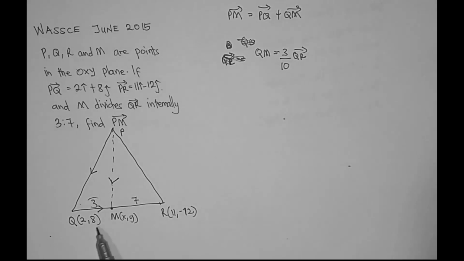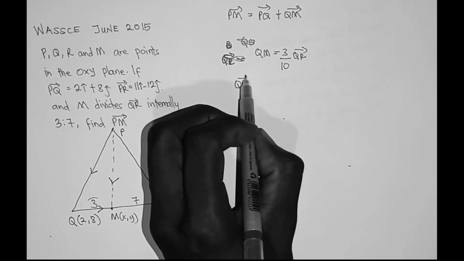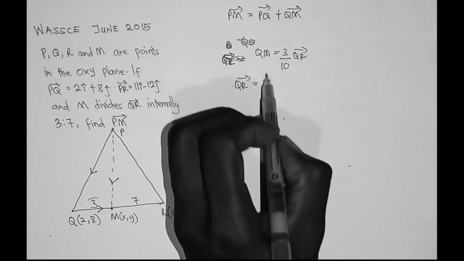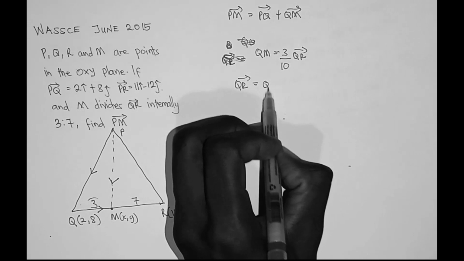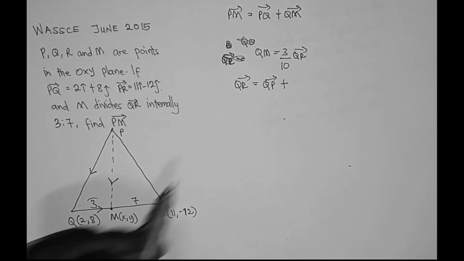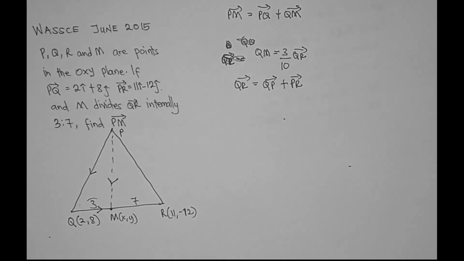But we need to find this vector QR. And we know that QR, by the addition of vectors, is this vector QP then plus this vector PR, that is the vector QR.